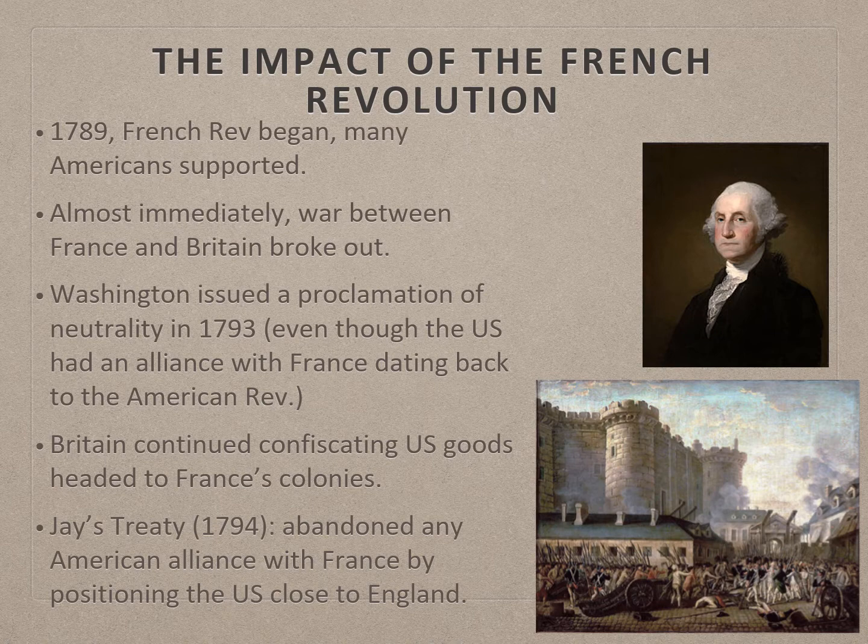See, at first we supported this revolution because it seemed like, hey, they're doing what we did, that's great. Four years down the line, President Washington says we are going to act neutral in this. We are not going to get involved in taking a side with France or against France. We're not going to come to their aid, and we're also not going to send troops to go carve out a part of them.